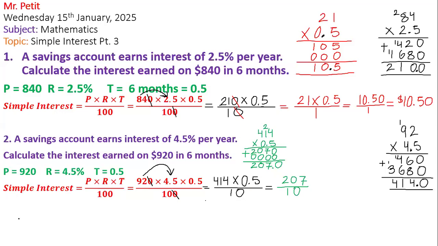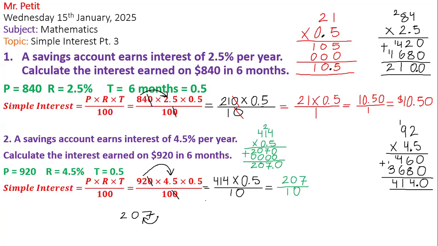So let me show y'all. Here's an easy way to divide. We're trying to divide 207 by 10. Dividing by 10, 100, and 1,000 is very easy. If it's division by 10, does anyone know the secret? You carry the decimal place over by 1.